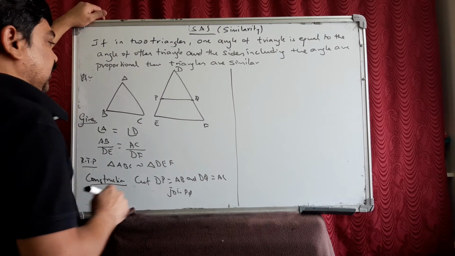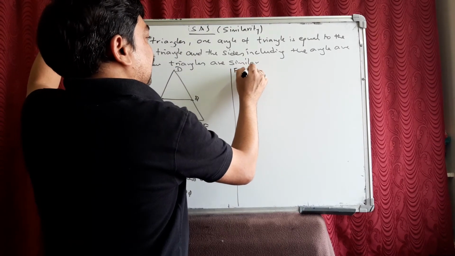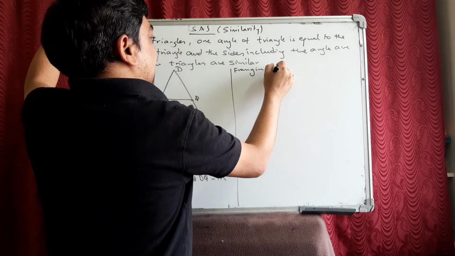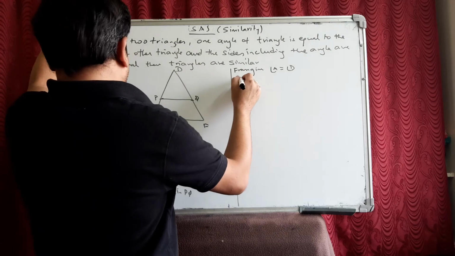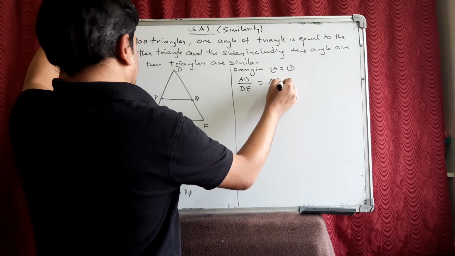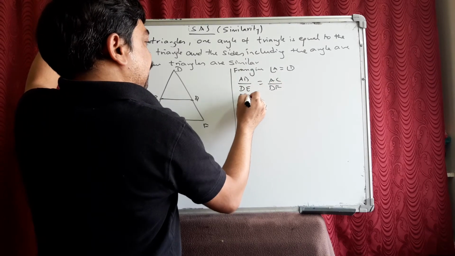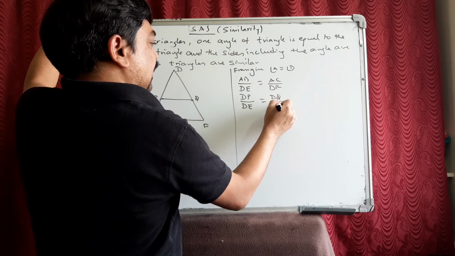Now what is happening here? After joining PQ, we take the given condition. What is given? Angle A is equal to angle D, and AB by DE is equal to AC by DF. But AB you can write as DP, so DP by DE is equal to DQ by DF.